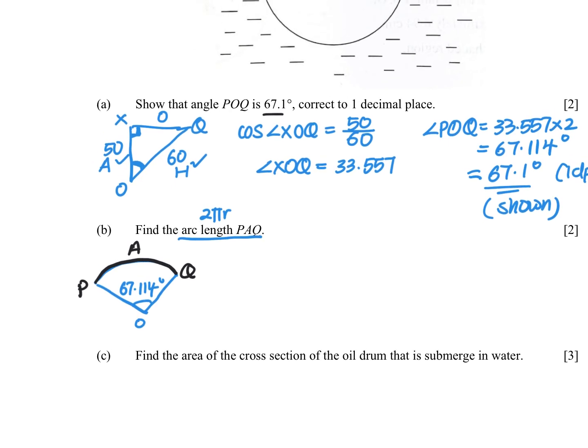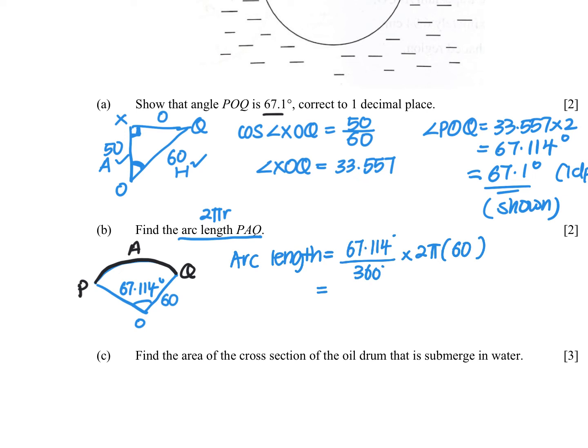So how do we find arc length? What's the formula for arc length? This one says PAQ, the smaller one, the minor arc. So I just use the angle 67.114 degrees over 360 times 2 pi r. The radius was given to be 60 cm.